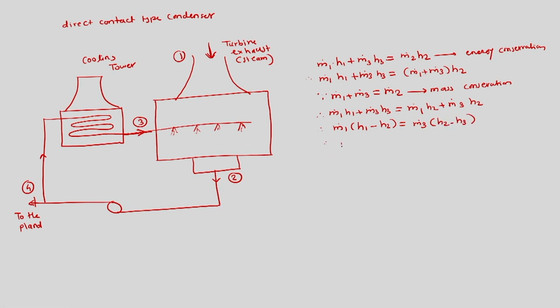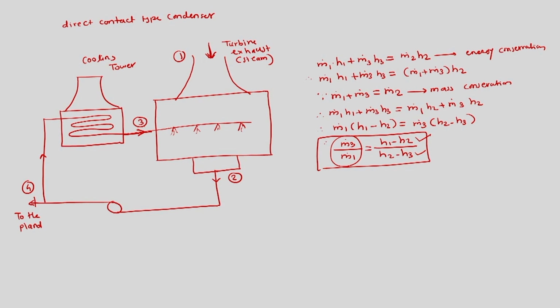So m dot 3 upon m dot 1 is equal to (H1 minus H2) divided by (H2 minus H3). We know this enthalpy difference, which is the difference at the inlet and at the outlet of the condenser, and then we can know the enthalpy difference for the cooling water needed to condense the exhaust steam. Then we can find the ratio of mass flow rates, and that will give us the amount of cooling water to be circulated. So this is how we can work.